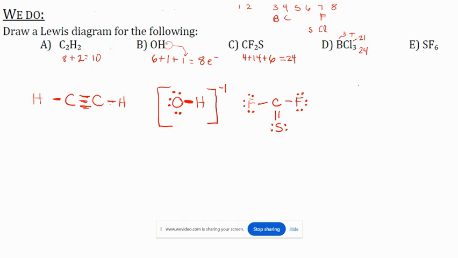I'm going to put my boron here, and I'm going to connect my chlorines off of my boron. So at this point, I have 6 electrons placed. 8, 10, 12, 14, 16, 18, 20, 22, 24.